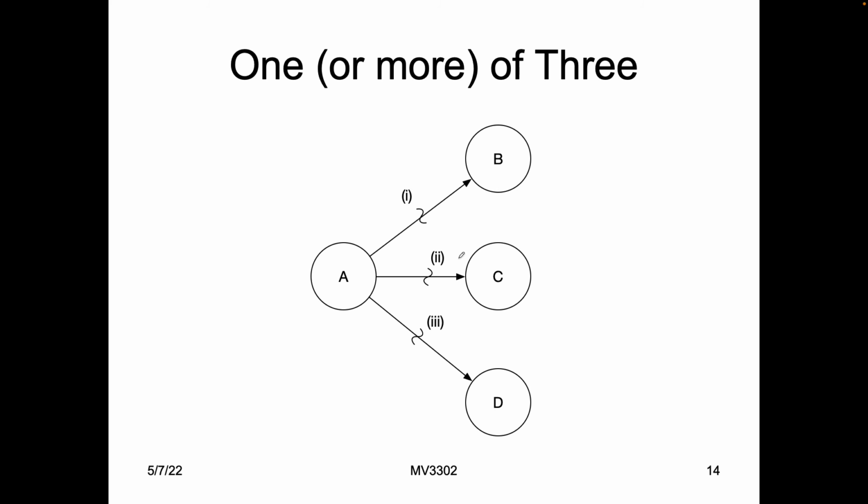If 1 and 2 are true and 3 is false, then both B and C will get scheduled. And if they're all true, then they'll all get scheduled. So this gives you enough capability to capture the if stuff.